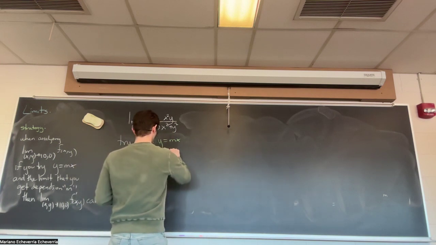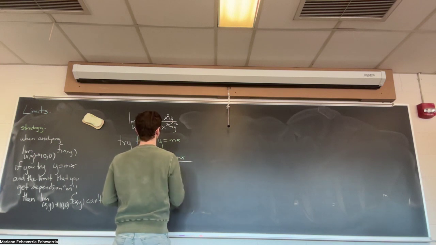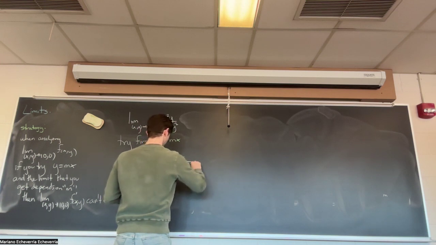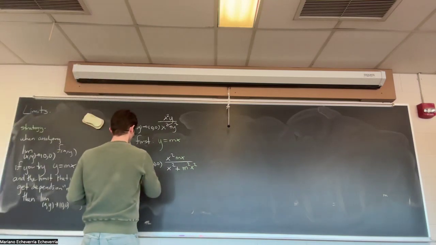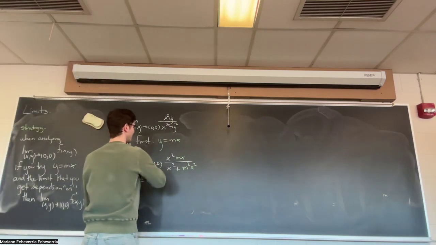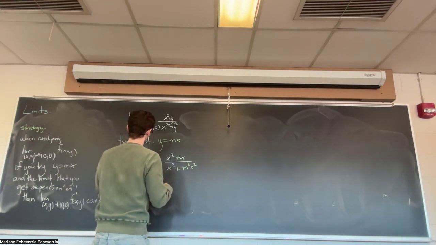So you get x squared times mx, divided by x squared plus y squared, and y squared becomes m squared x squared. Now there's no more y, so let me put the limit as x approaches 0.